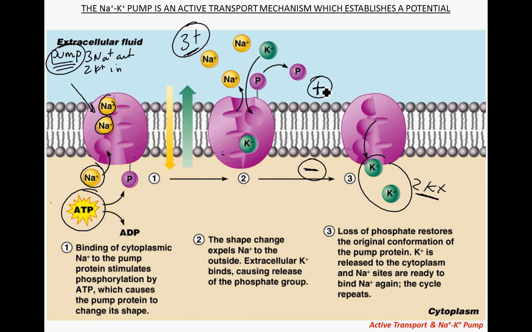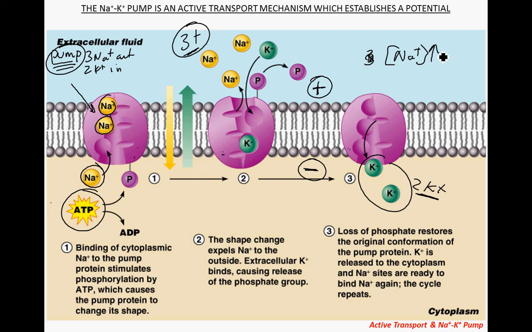This sodium-potassium pump is constantly working to help establish this gradient, so that we get sodium ions high on the outside and potassium ions high in concentration on the inside. The overall net effect is that the concentration of sodium ions on the outside is relatively high compared to the concentration of sodium ions on the inside.